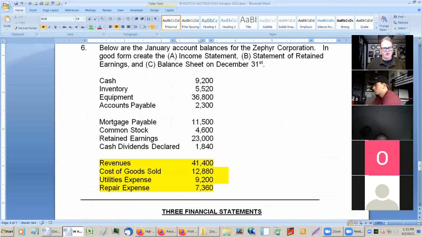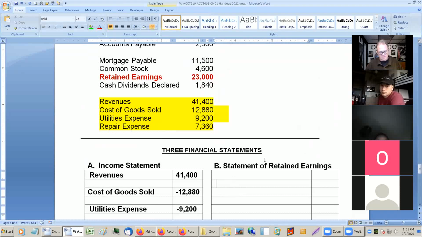We now go to retained earnings. Beginning retained earnings of 23,000.